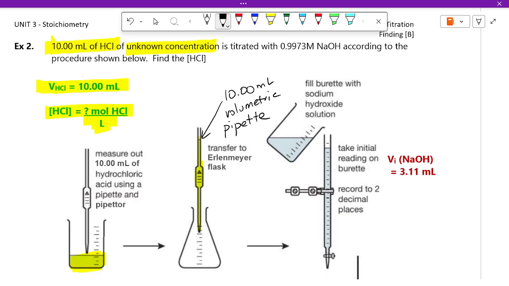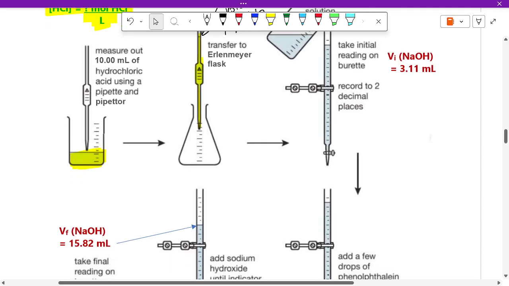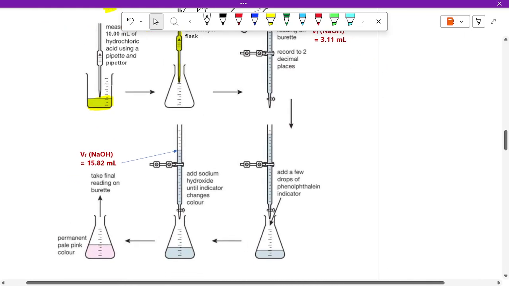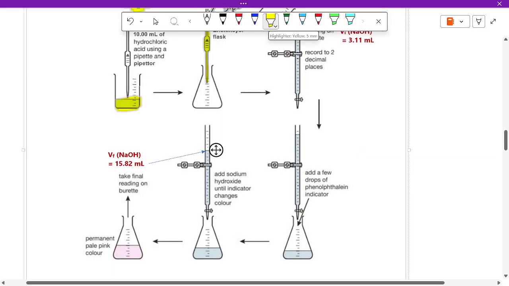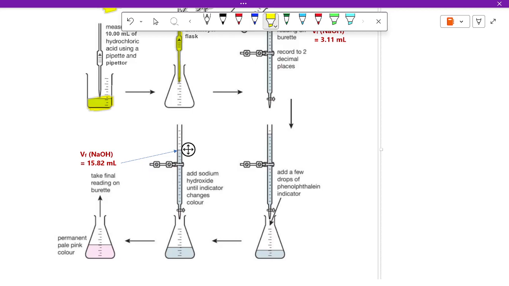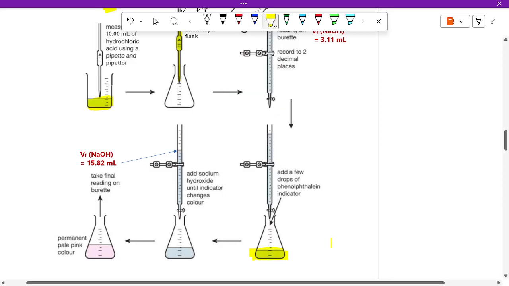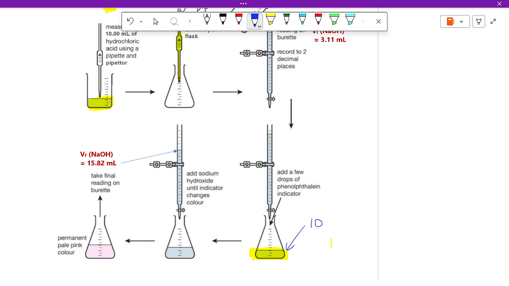And so you will end up with 10 milliliters of the HCl of unknown concentration.